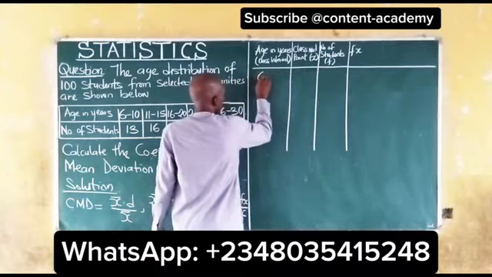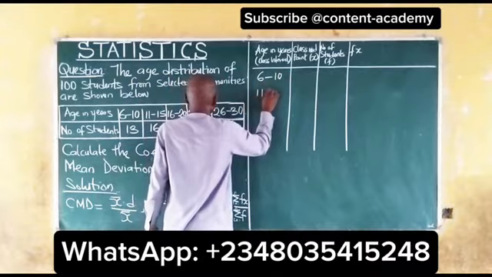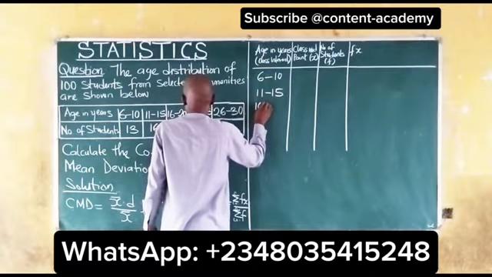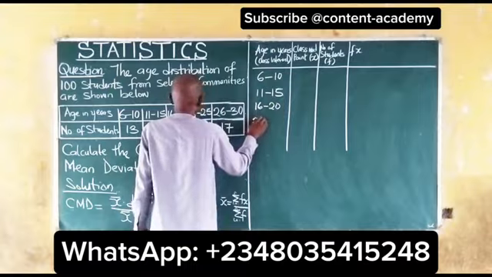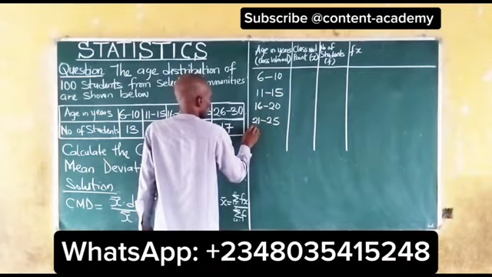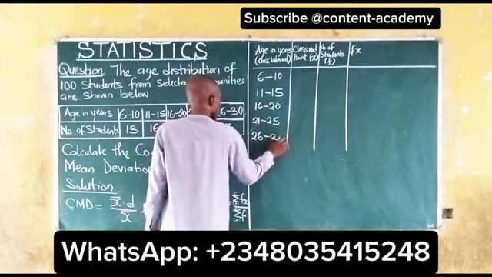Now, we have the first class interval to be 6 to 10. You write it out this way. We have 11 to 15, 16 to 20, 21 to 25, and 26 to 30.